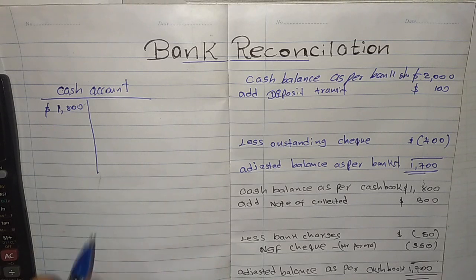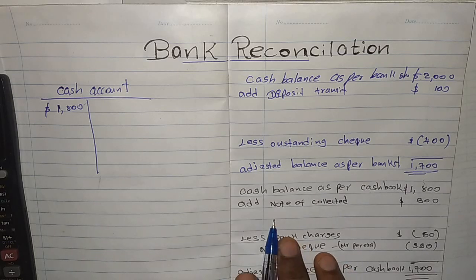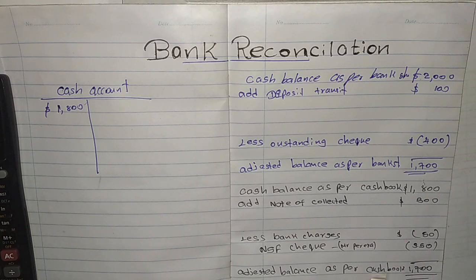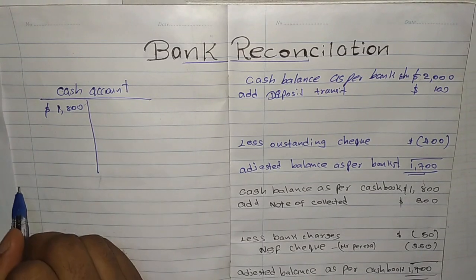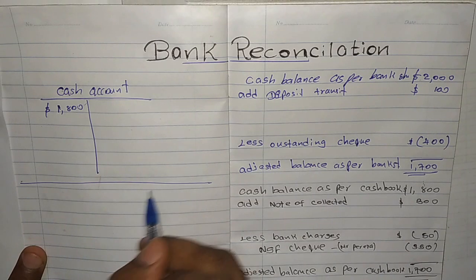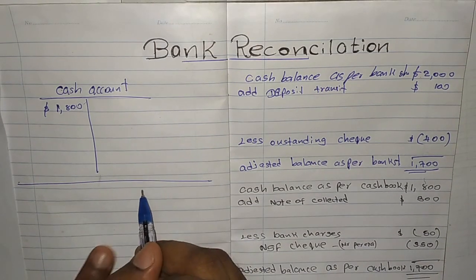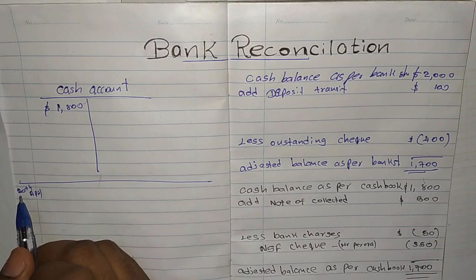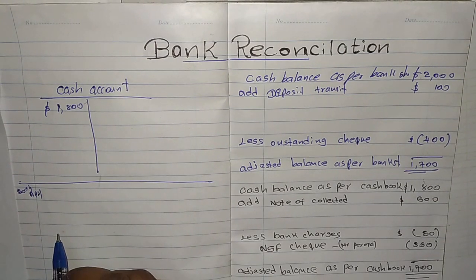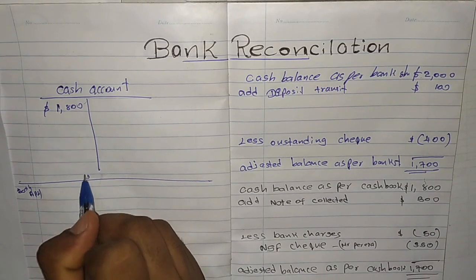We need to make some adjustments. For the note that was collected, we are going to make an adjustment, for the bank charges, and for the NSF check written by one of our customers. We go to the general ledger and make up a journal page, dated 30th April.